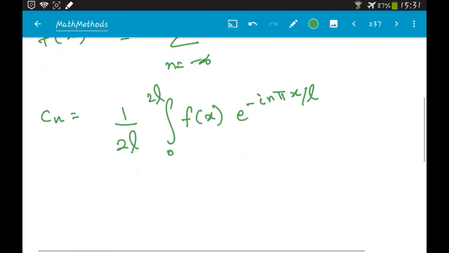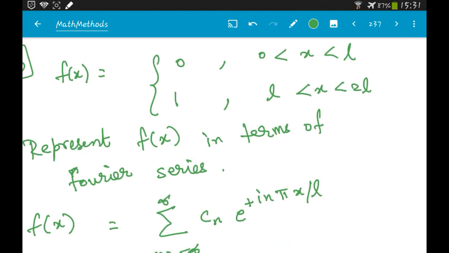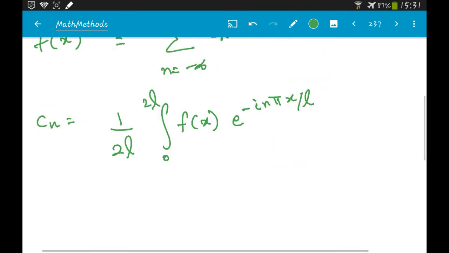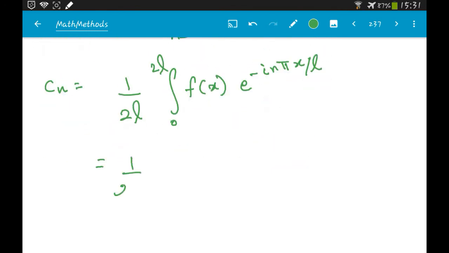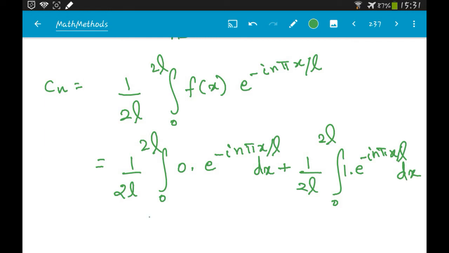Okay, so now f of x took the value 0 between 0 and L, and f of x took the value 1 when x was between L and 2L. So we will have the integral into dx. So this term is obviously 0 and only this term is left.